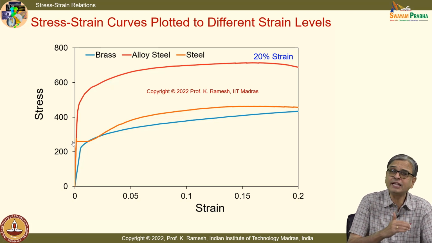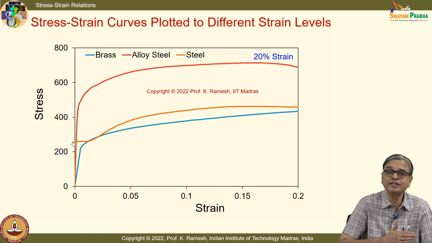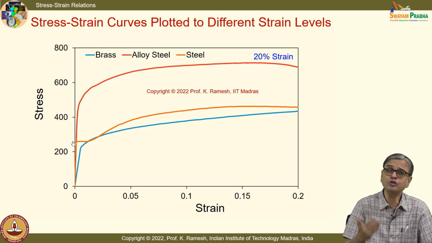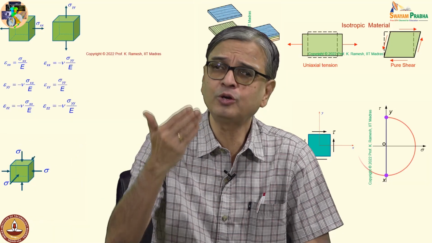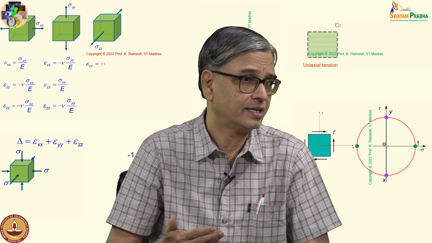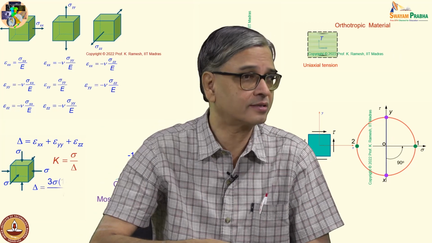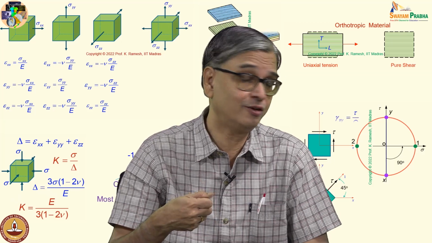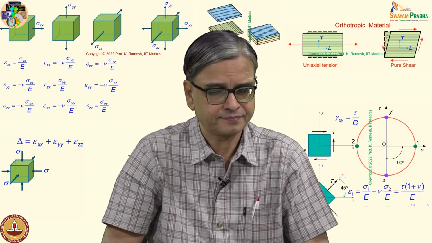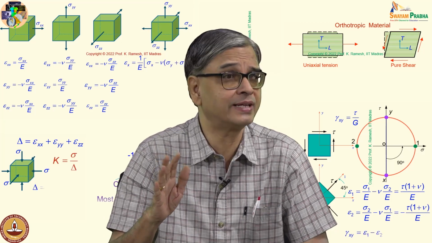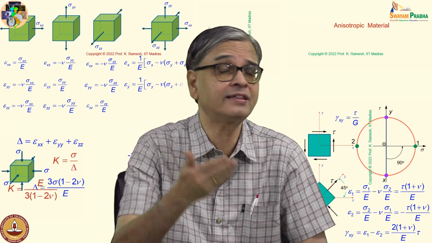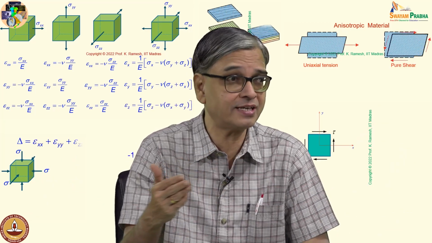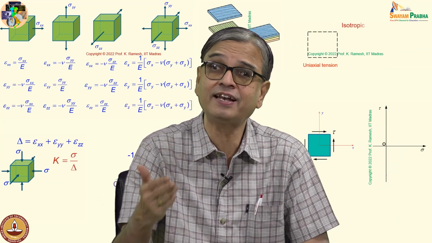So, by alloying the steel, you are in a position to increase the yield strength, that is fine. And people also do heat treatment. People do what is known as quenching. They heat it and then put it in water. Fine. That improves the hardness. You know, our ancient people have understood this when they were making their weapons, when they were making their swords. The material processing technology was very well developed.